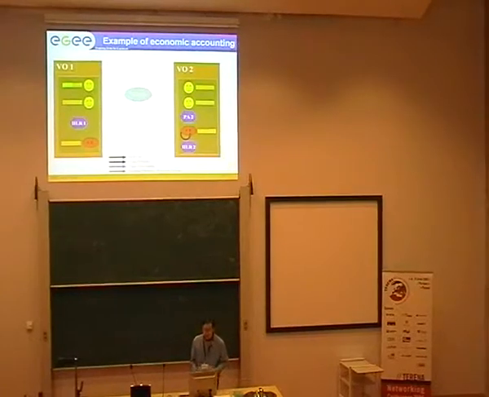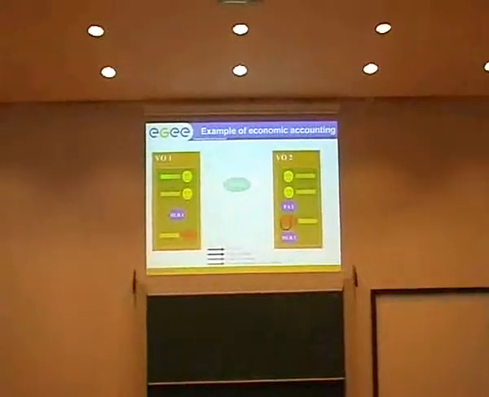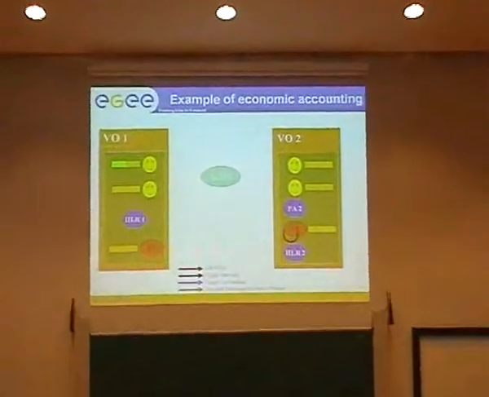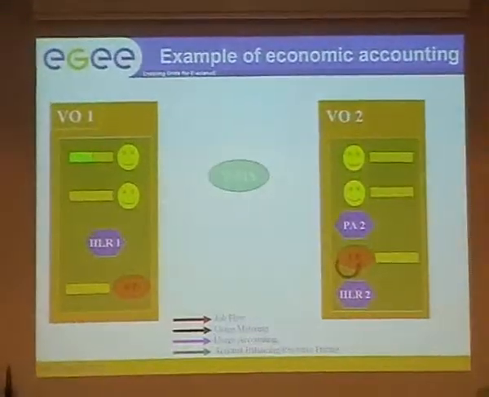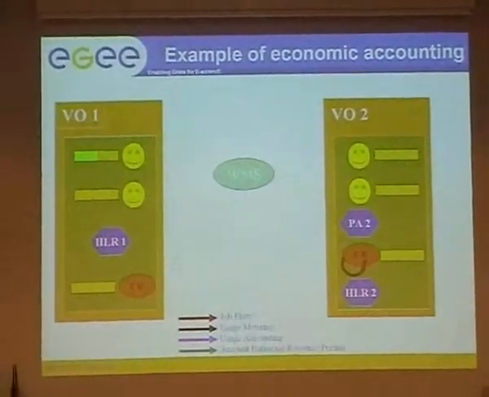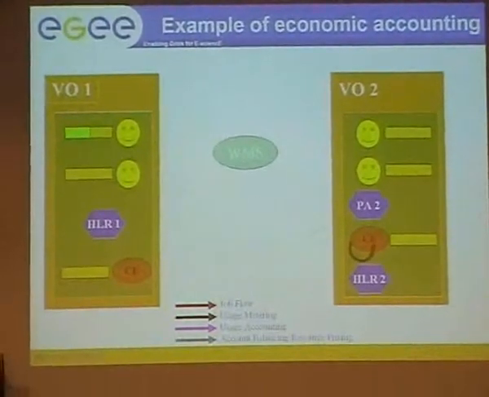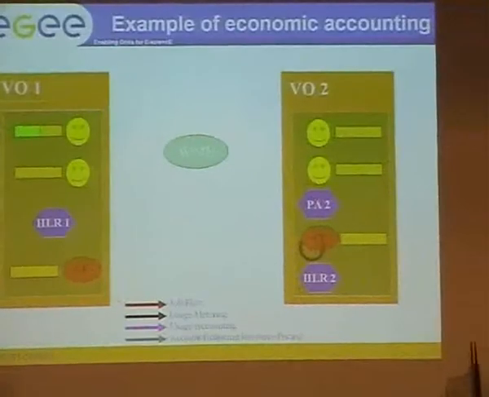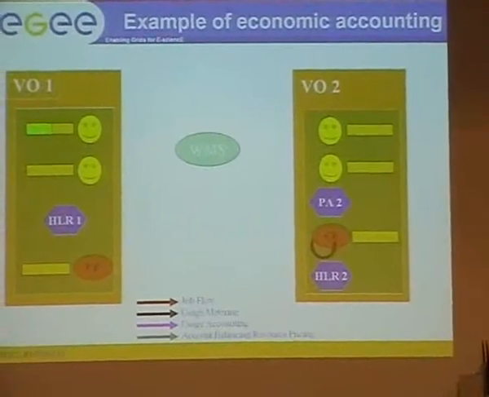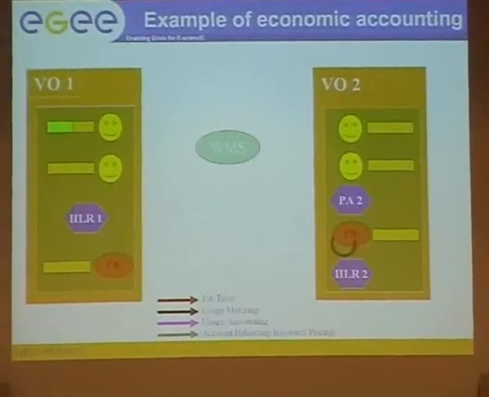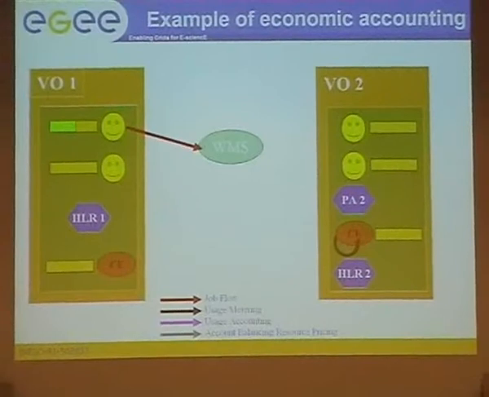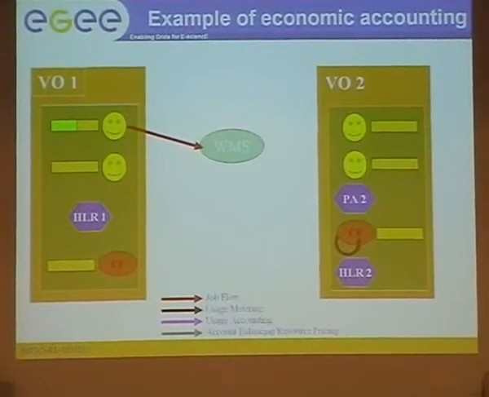Then, at the end, I can show you how economic accounting can be used in this context. We have a user with an account. The green bar is his fund availability. He submits a job to the workload management system.